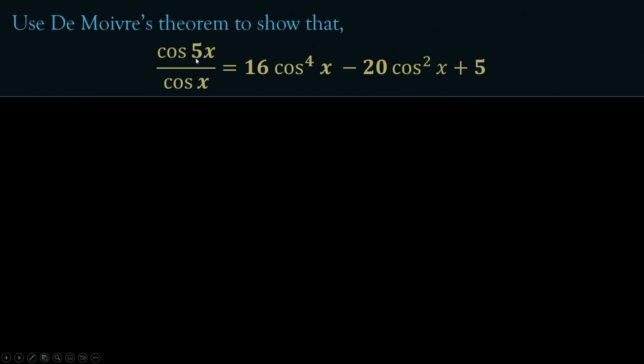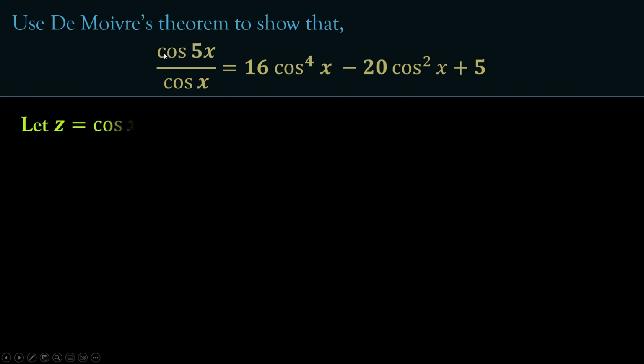So what we need to do is to find an expression for cosine of 5x in two different ways. One, we will use de Moivre's theorem based on complex numbers, and in the second instance we will make use of binomial expansion. Let's see how we go about this problem.